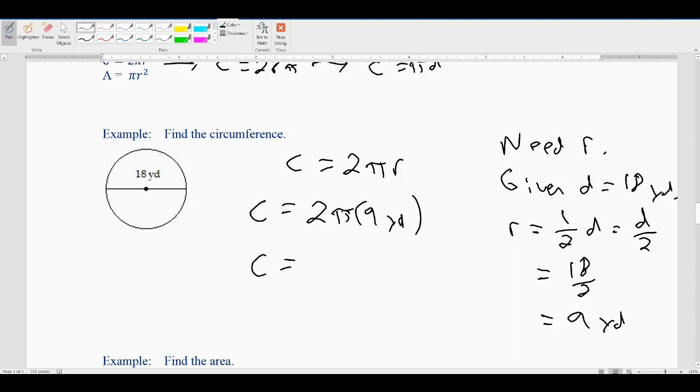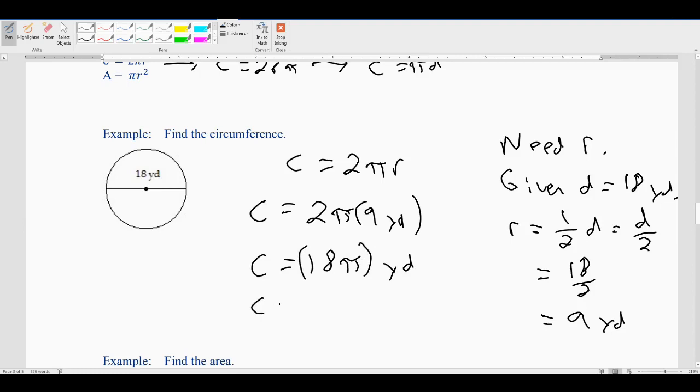And then I'm going to take the 2 times the 9 because I can multiply those quickly. And then bring the pi symbol down. I'm going to put that in parentheses, just so you notice it's different from the units, which are yards.